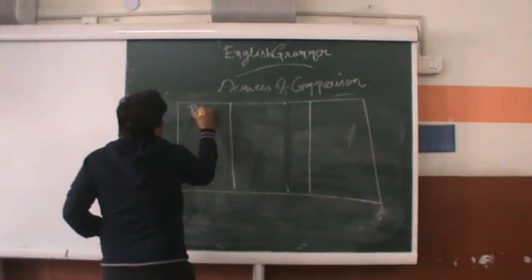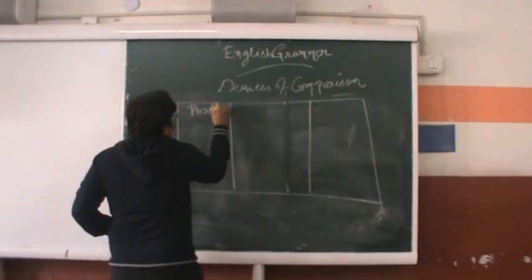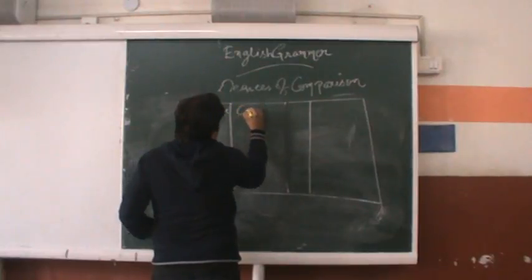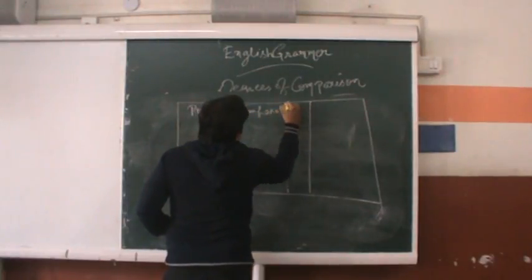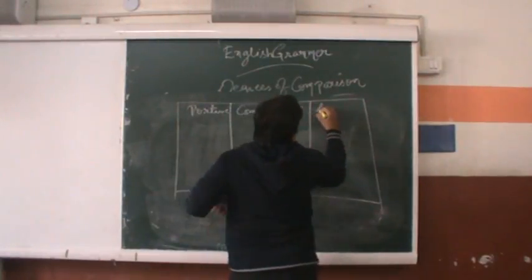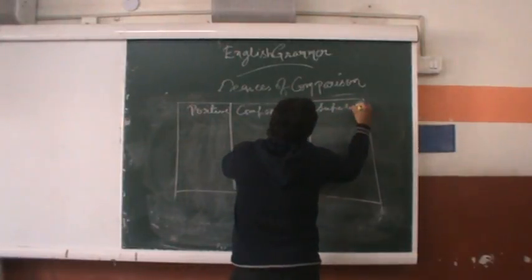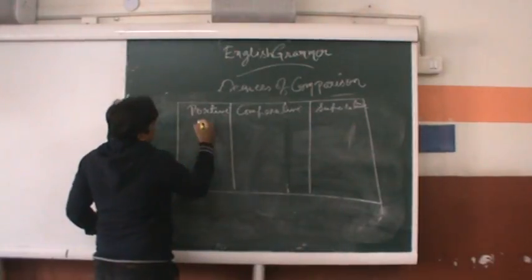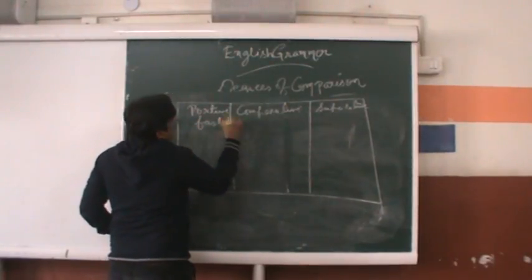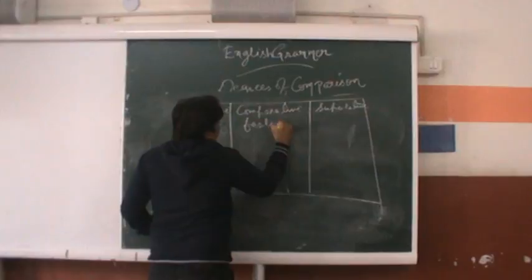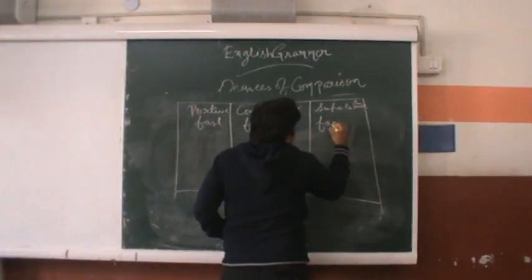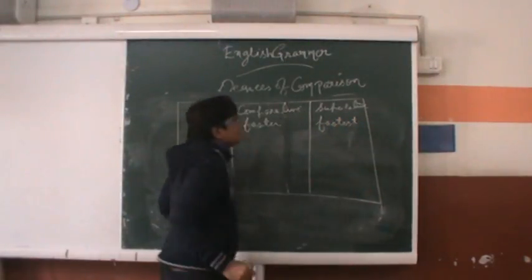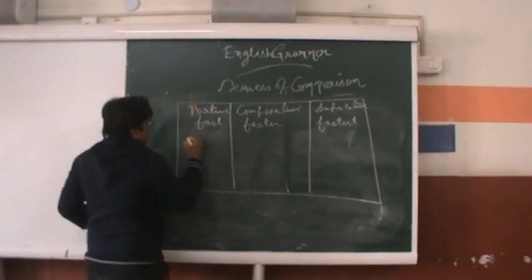Here we will have some positive degree of adjectives. Here we will use comparative and of course superlative. See, we have fast, faster, fastest. Clear?